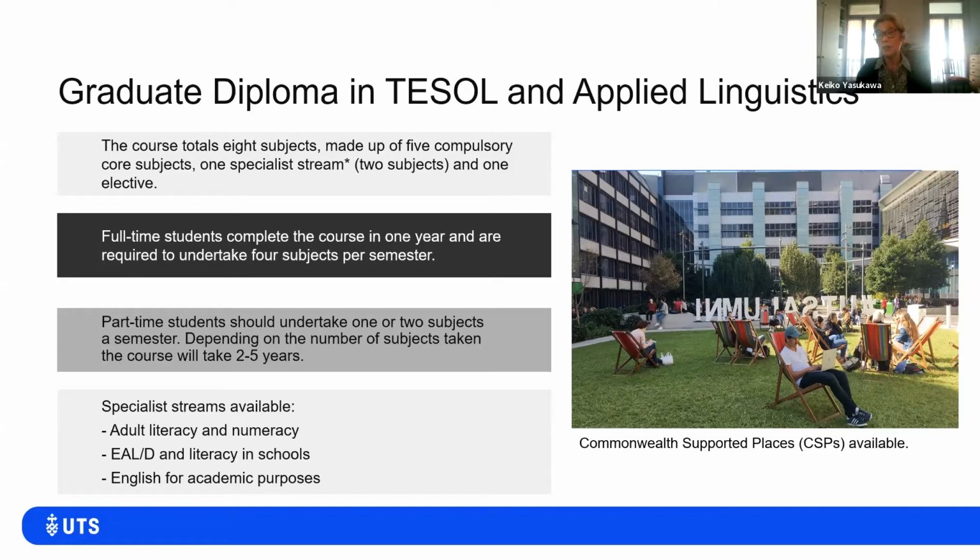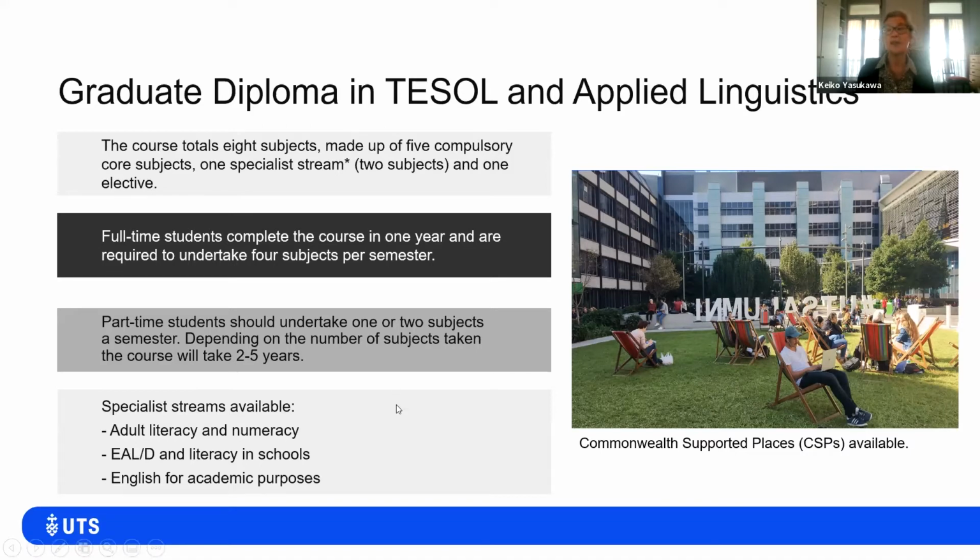You have the choice of the same 3 streams that I mentioned for the master's: the adult literacy and numeracy stream, the English as an additional language or dialect and literacy in the school sector, and English for academic purposes.